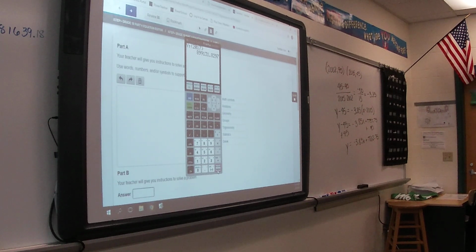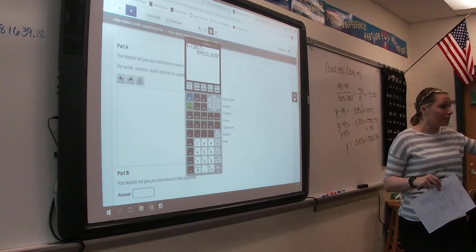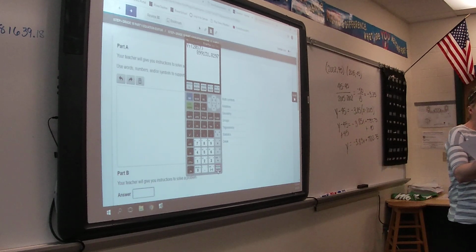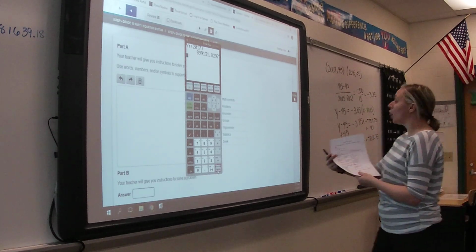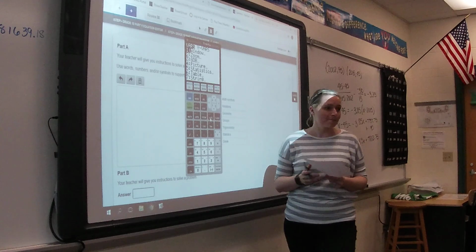Question 19 has 2 parts. It wants us to also evaluate 2025. Hang on one second. We need to start back over at step 18. You will have to know that that's where you go back and start over. At step 18 it says press vars, so we're going to press vars.